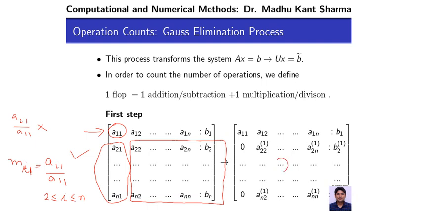Let's say this is the ith row, jth element. aij1 is updated as aij minus a1j times mi1, from the first row.